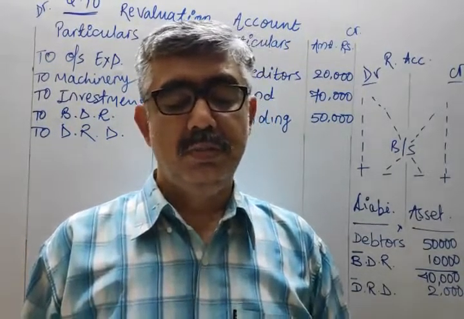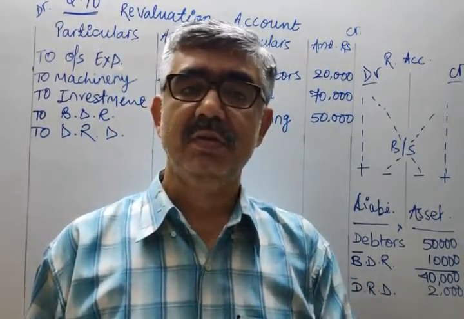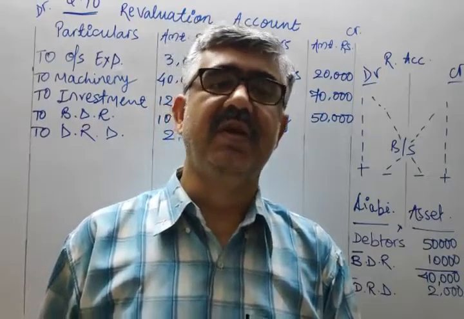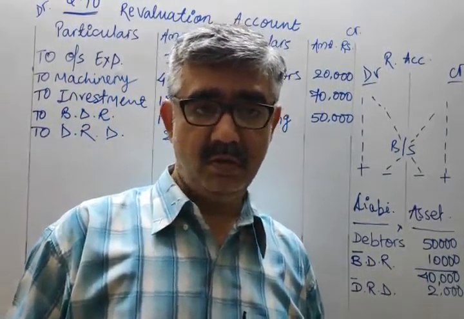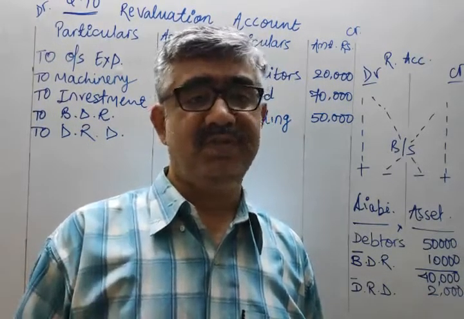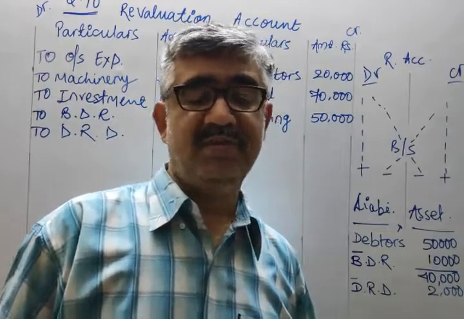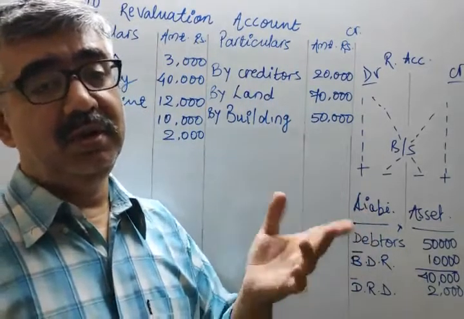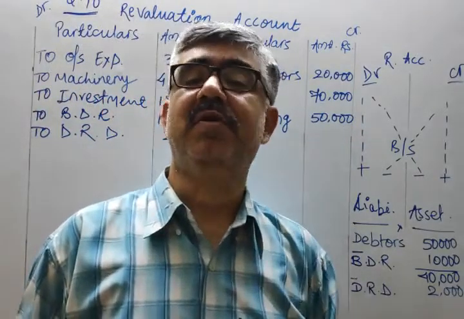But what they said in the adjustment: stock value of 15,000 is to be reduced by 20%. Okay? So by mistake, if you do 20% of this entire 35,000, again the same adjustment mistake, the balance sheet will get tallied but wrongly.